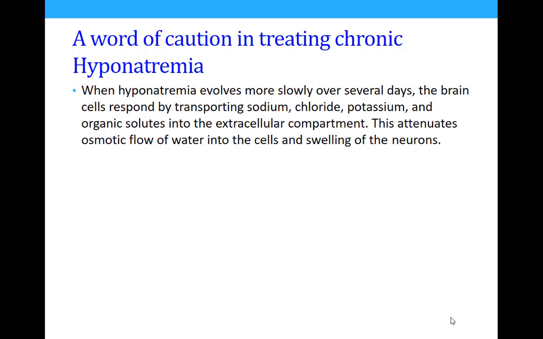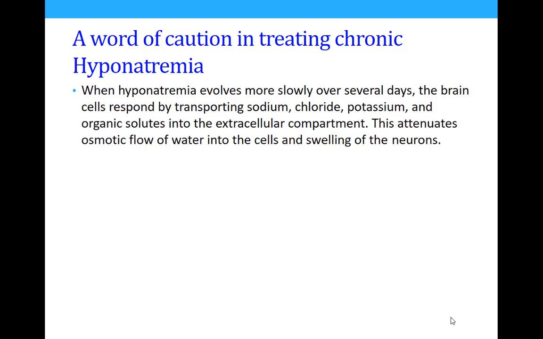But if the patient developed this hyponatremia over a course of days, which means it's a slowly developing hyponatremia, you never correct hyponatremia quickly. Why? Because when there is hyponatremia that evolves more slowly, the brain cells, now sodium is less outside. So, what will happen? Water will start moving in, the brain cells will begin to swell.